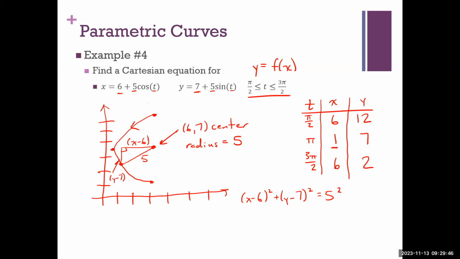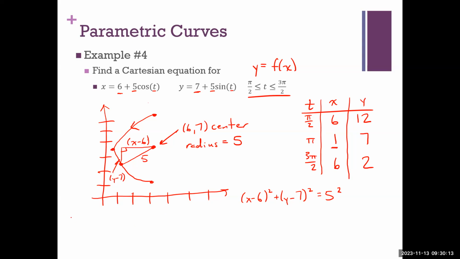But now that we have that, now we want to make a Cartesian equation. So I want to solve this for either x or y. So the thing we graphed, is y a function of x? No, is x a function of y? So let's go ahead and solve for x then.